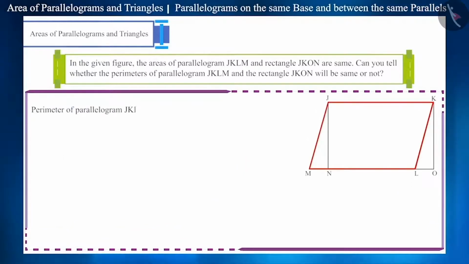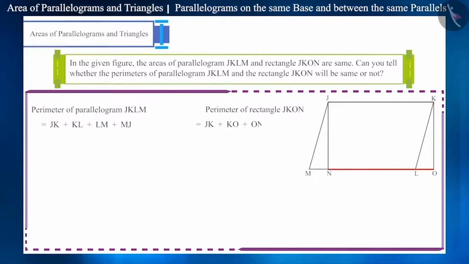Let us write the perimeter of both quadrilaterals. The perimeter of parallelogram JKLM is the sum of the lengths of all sides JK plus KL plus LM plus MJ, and the perimeter of rectangle JKON is JK plus KO plus ON plus NJ.